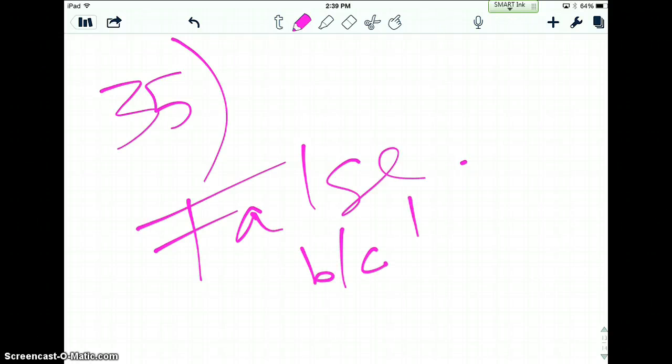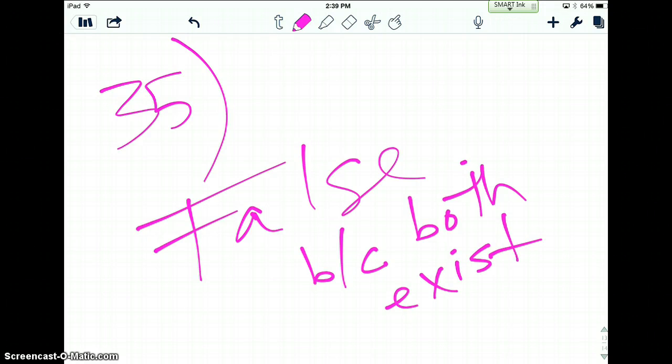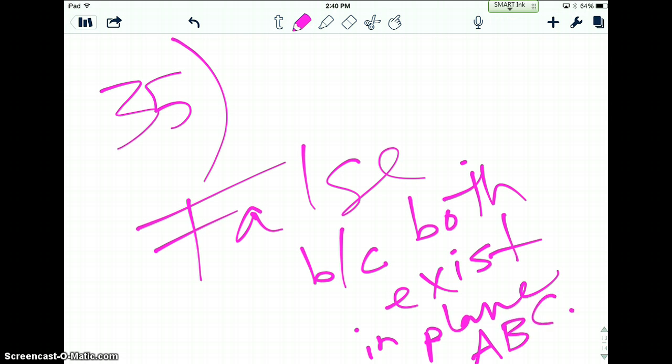Because they both exist in the same plane. And what plane is that? Not in a frontier plane. They both exist, that was a joke, in plane ABC. Meaning they can't be skew, because skew lines would be non-coplanar, people.